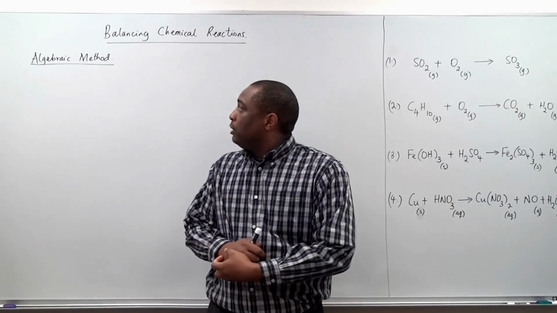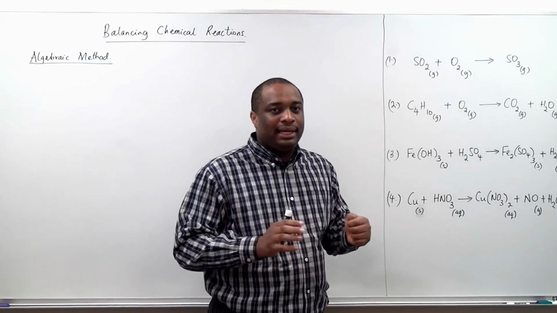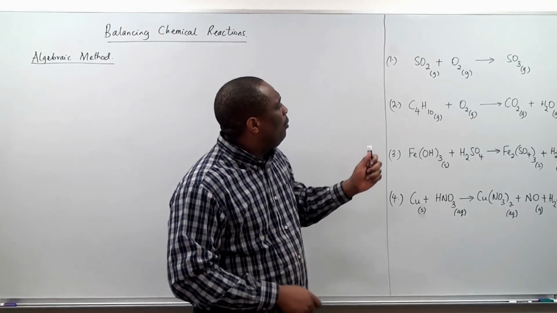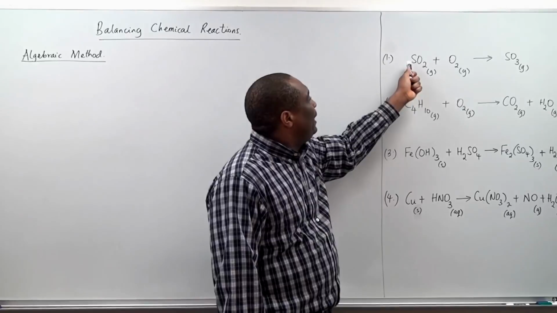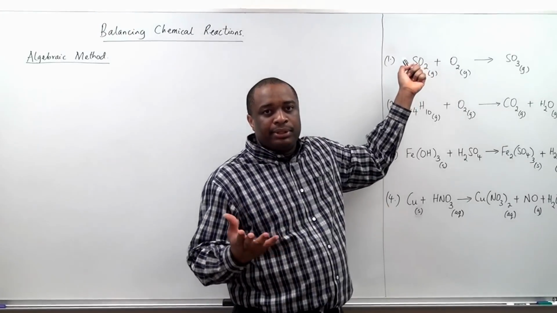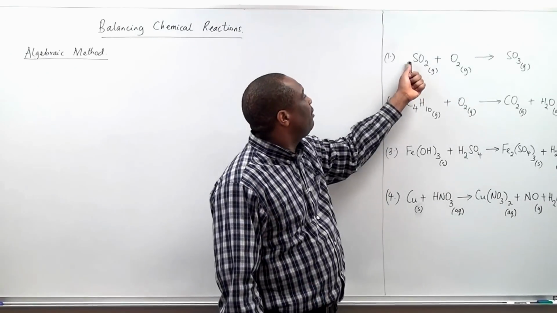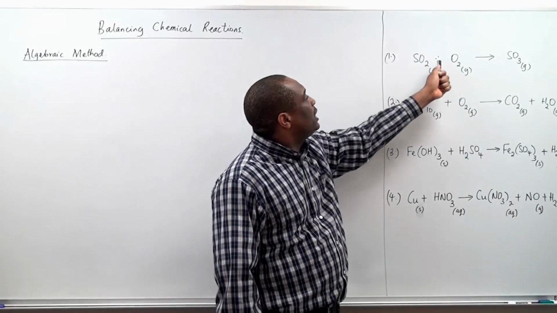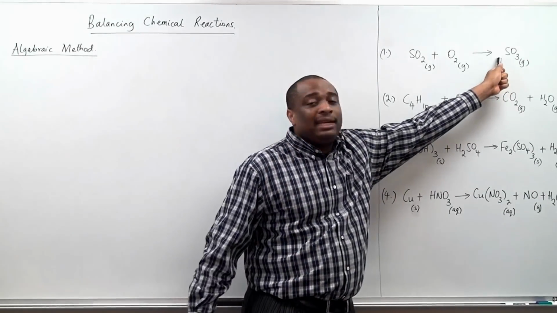Now, the algebraic method has a technique. When we have two reactants and one product, we place variables, which are alphabets, in front of these reactants, and if it's only one product, we don't place any variable.